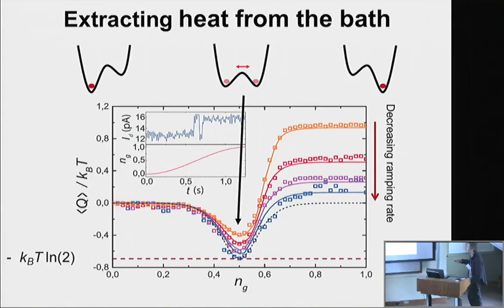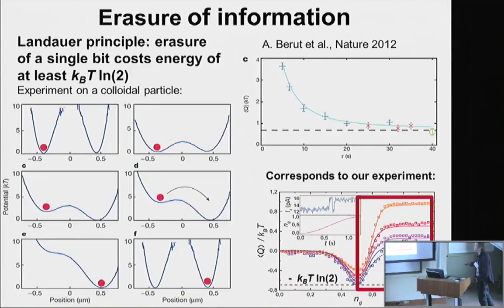Now, if you don't have any feedback and you continue deterministically to the other extreme, or you would come back, what happens is that you re-deliver this same heat or even more back to the bath, and the second law is nicely, of course, rescued. But the important thing is that when you come from this charge state to the degeneracy, at this point you have to make a decision to know if the system is on the left or right well.